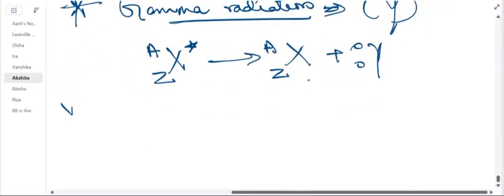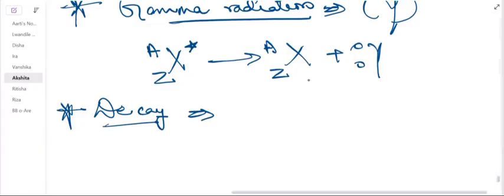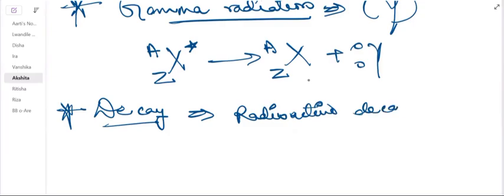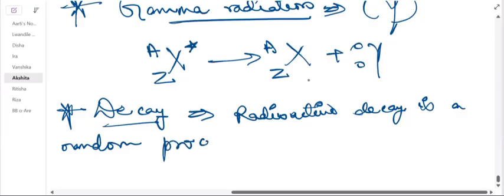So now after this, we are having the decay concept to be studied. So basically, your radioactive decay is a random process. Okay.